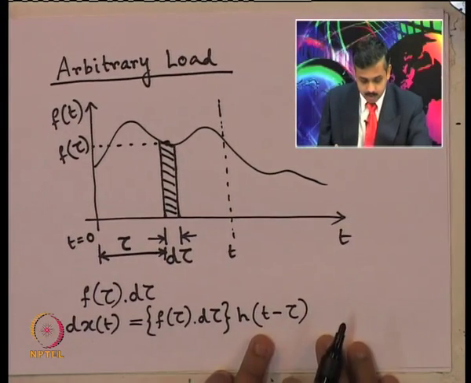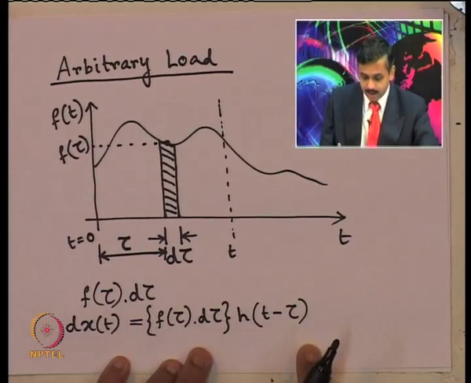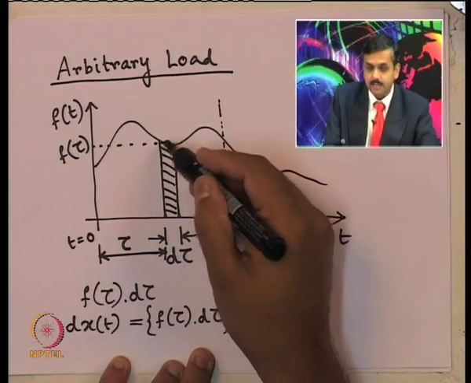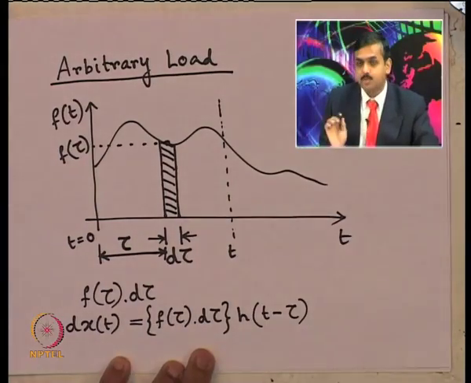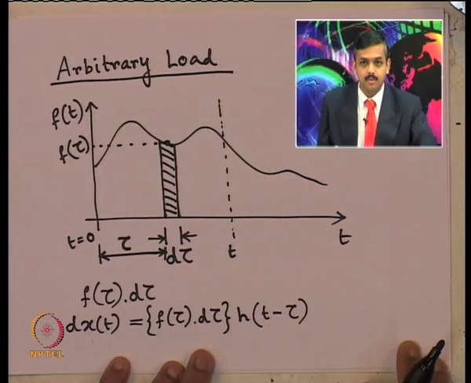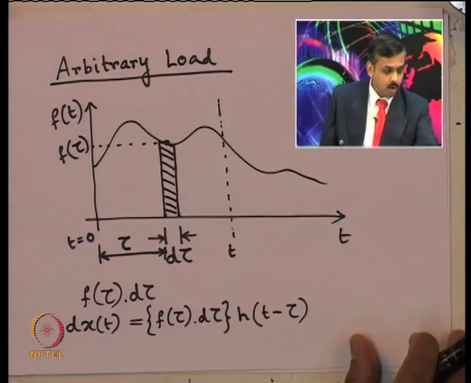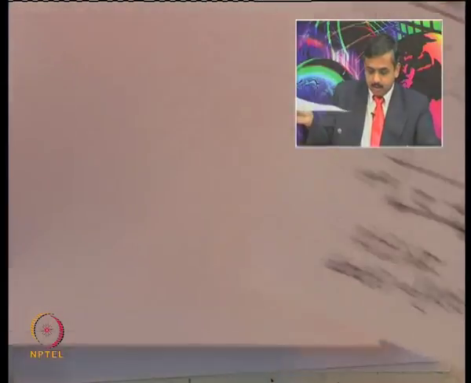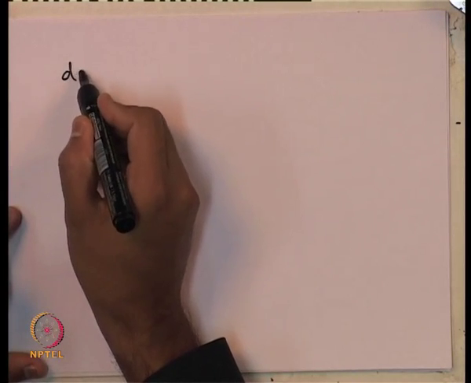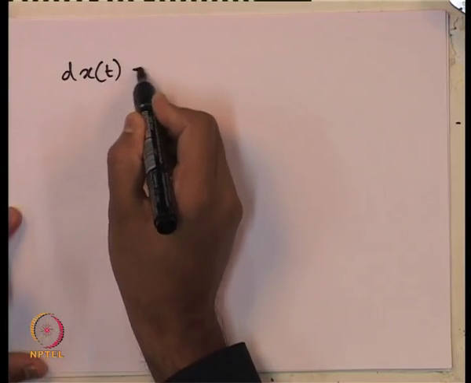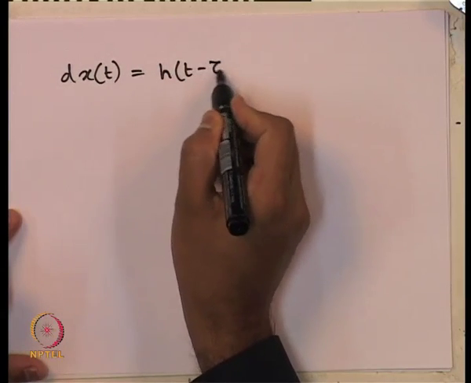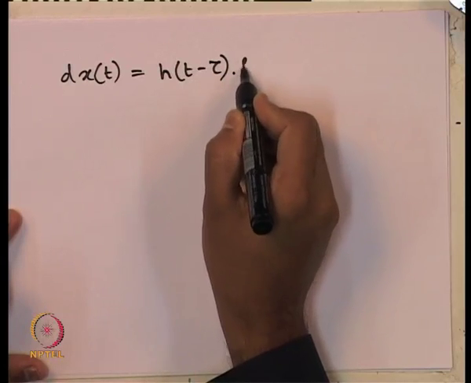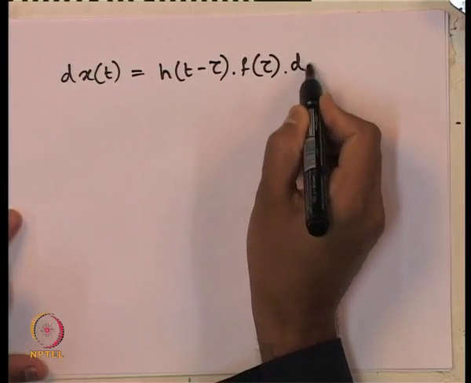So, the response of the system is given by this when it is subjected to this infinitesimally small load on the system. At any time t, the response will be like this. Fine. So, if it is so, we can rewrite this like d of x of t is given by h of t minus tau times f of tau times d tau.